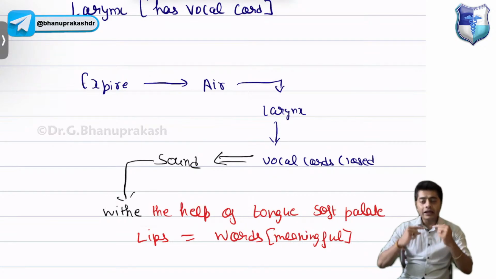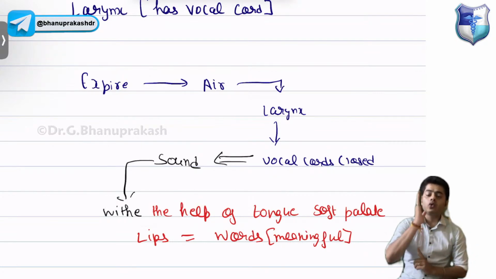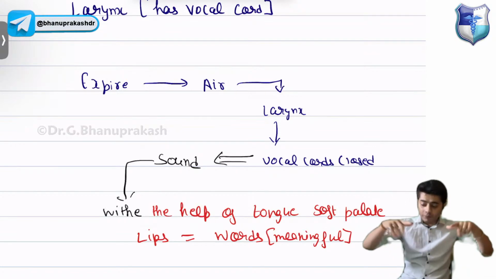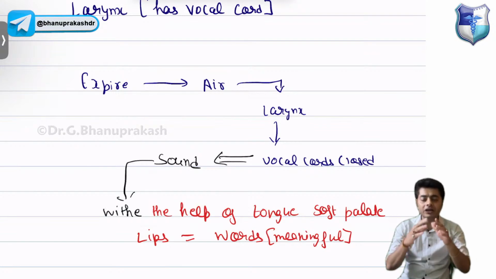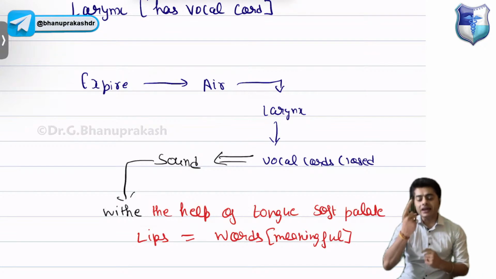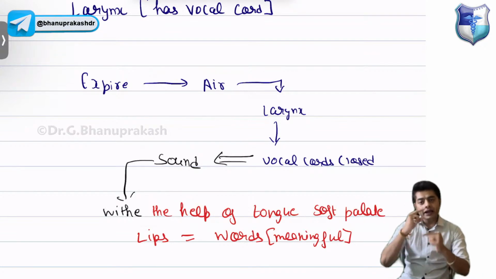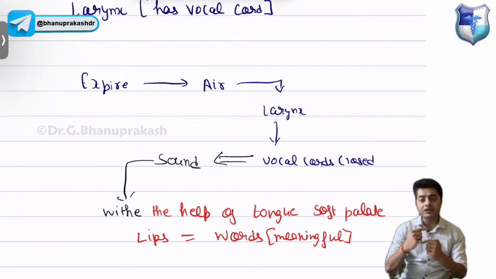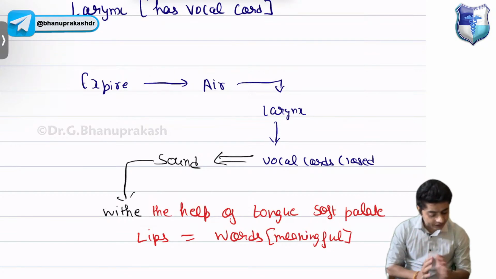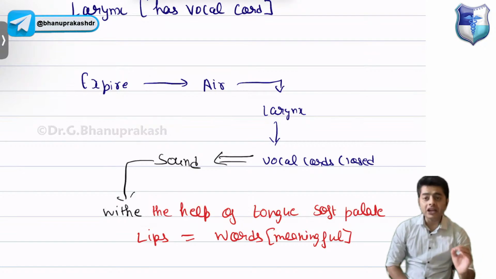So when you expire, that air goes through the larynx to the vocal cords. It hits the vocal cords because they are closed, and a sound is produced. This sound, when traveling through your oropharynx, nasopharynx and pharynx, gets manipulated with the help of your tongue, soft palate and lips, and it leads to production of a meaningful word.